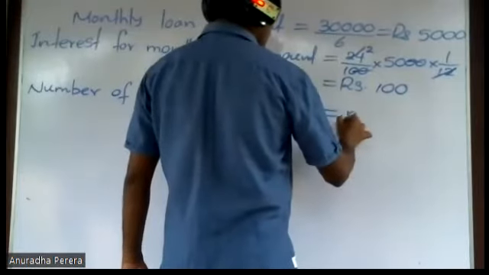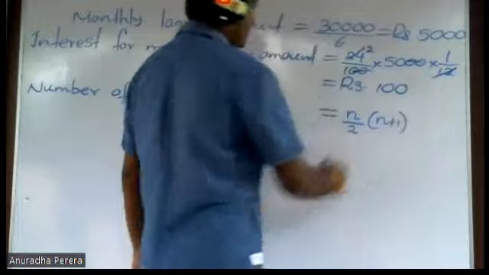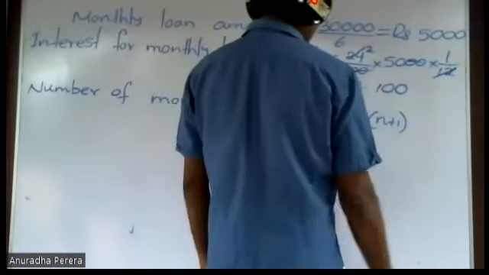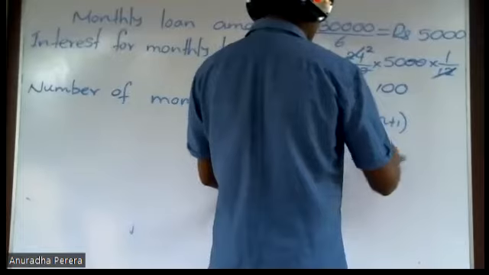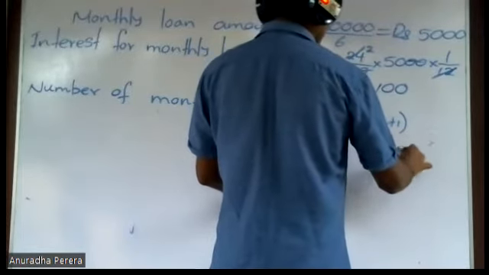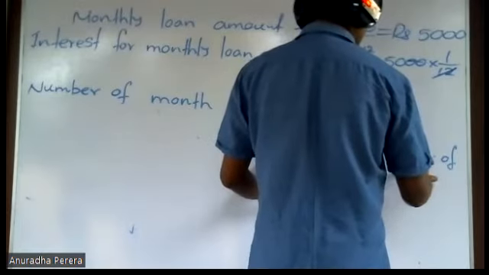Here n is equal to number of installments.